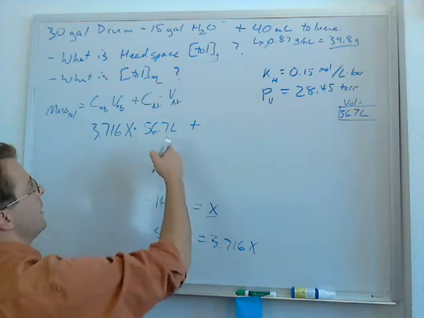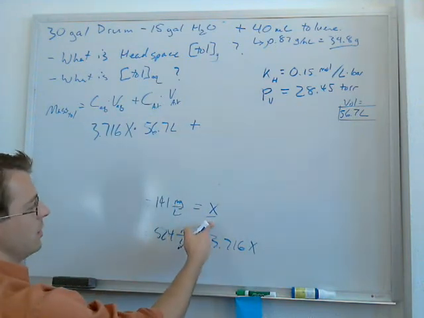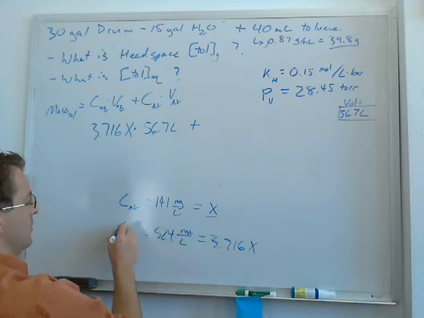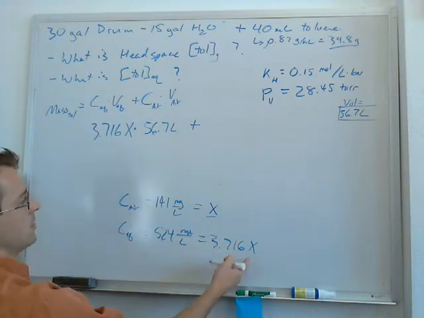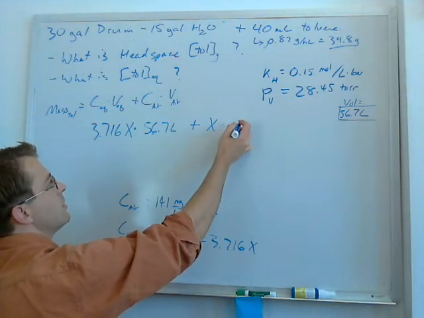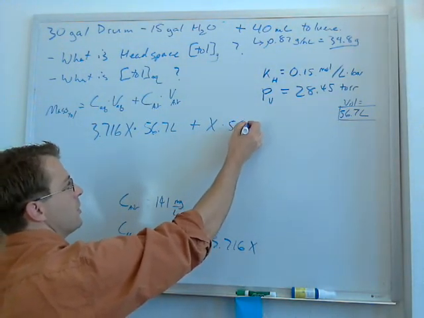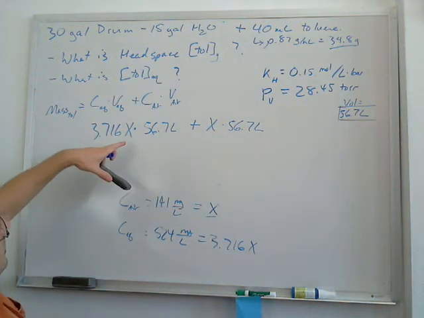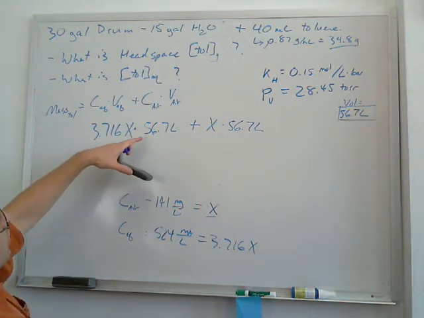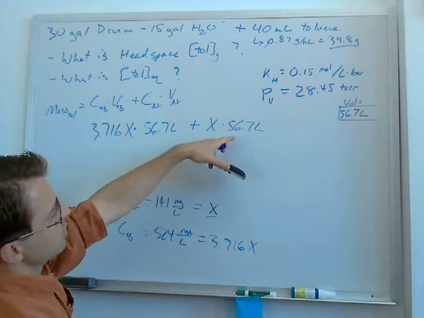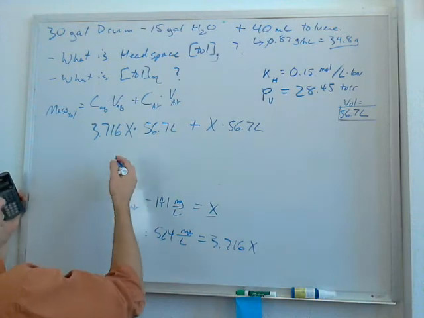Then we're going to add that to our concentration of air, which we said let our C air equal x, C aqueous. So x times 56.7 liters. And because these base units are milligrams per liter, we know that these liters are going to cancel, and we'll be left with milligrams, and this will be left with milligrams.